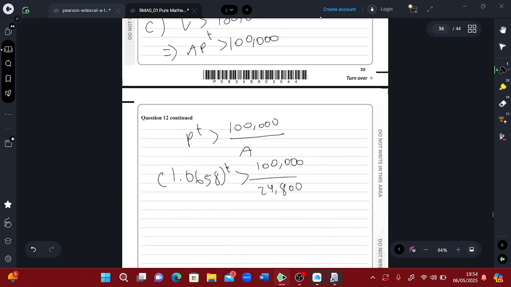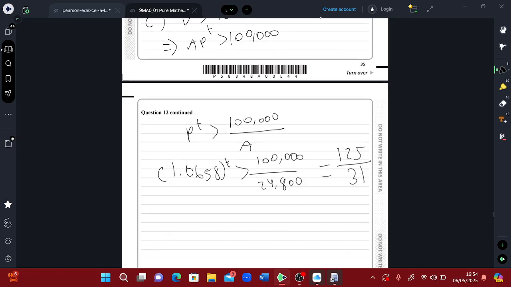Yes. If people aren't confident with the algebra of working with letters like this, you can just substitute the numbers in if you struggle with that. Okay, well that's saying it's 125 over 31, on a calculator.